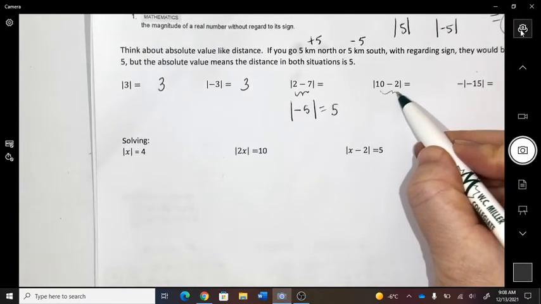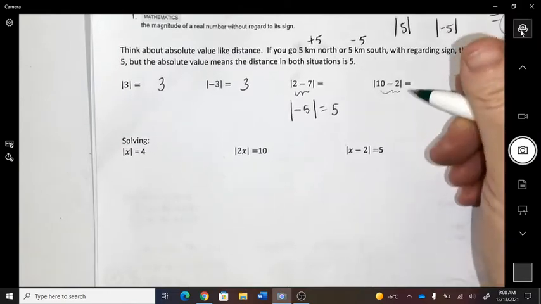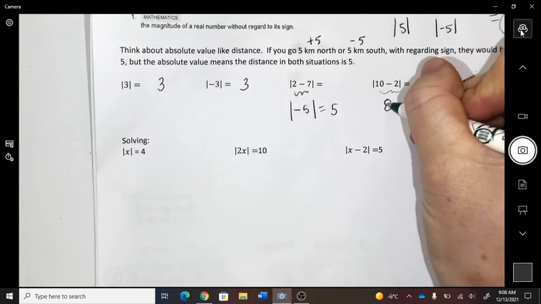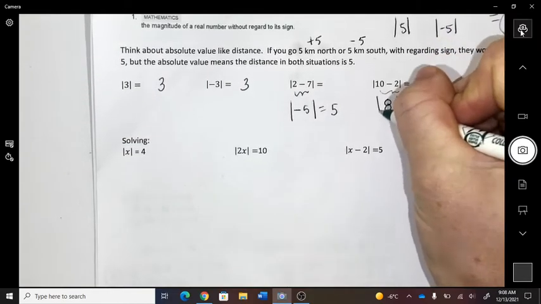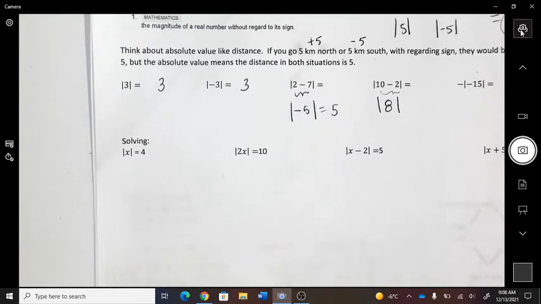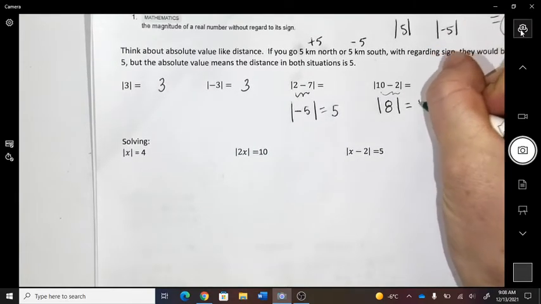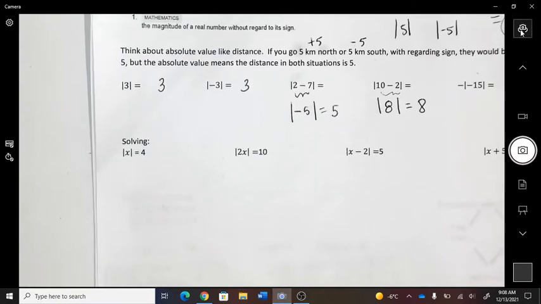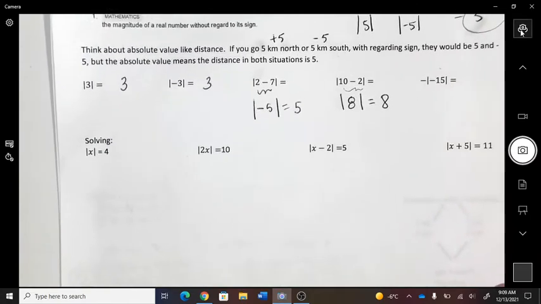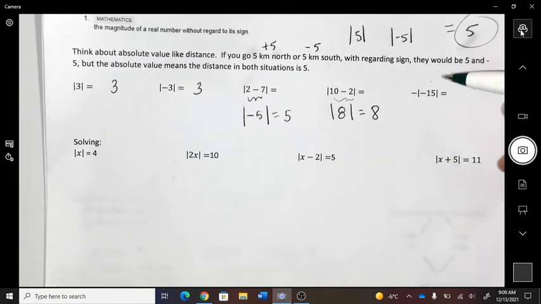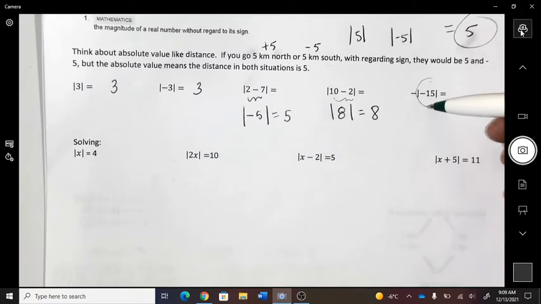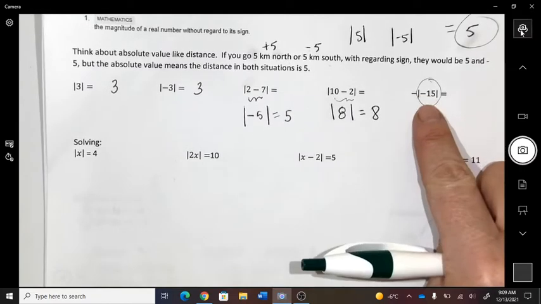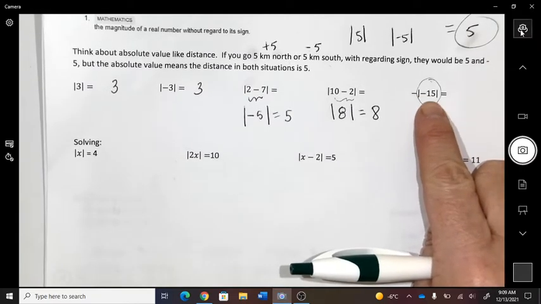Okay, so inside first. So what's 10 subtract 2? 8. What's the absolute value of 8? 8. Okay. What's the absolute value of -15?